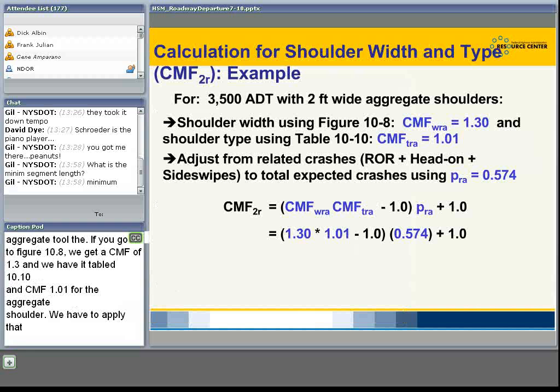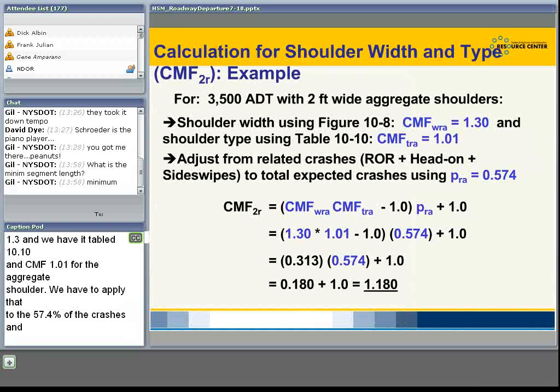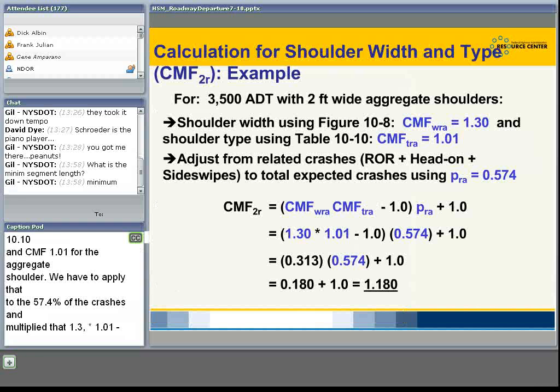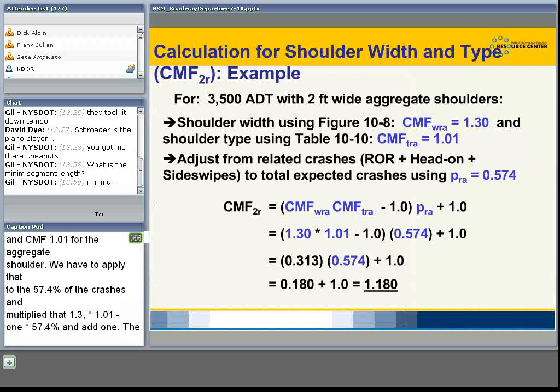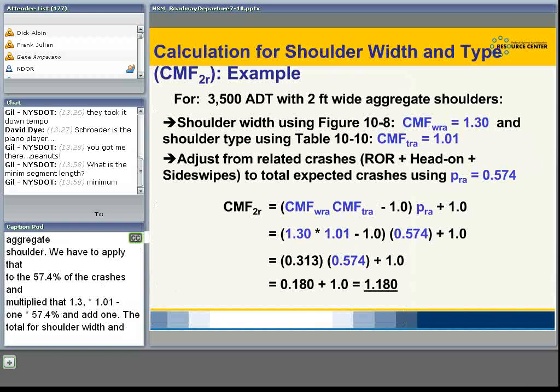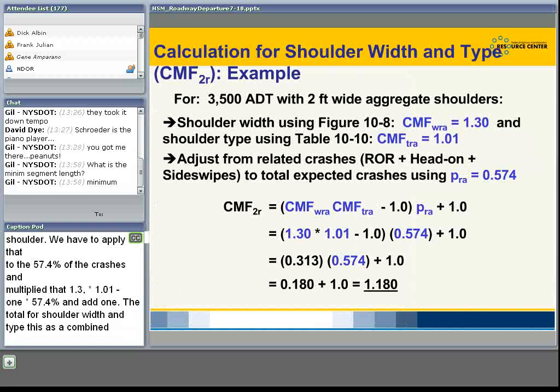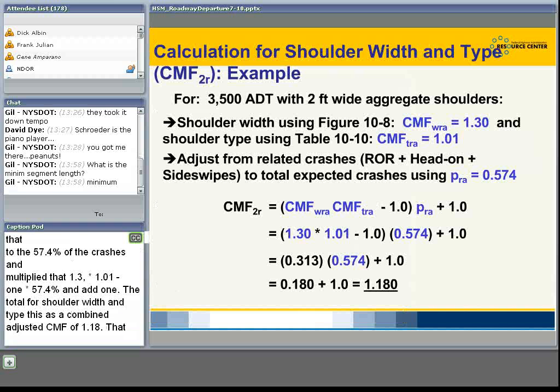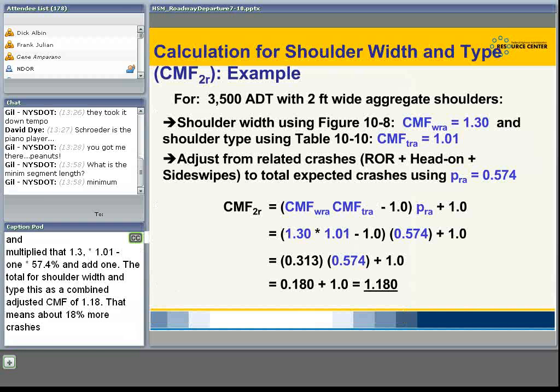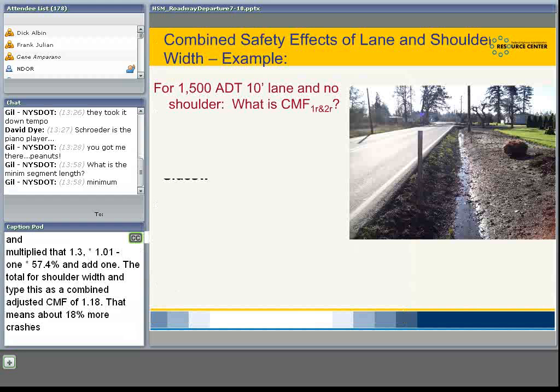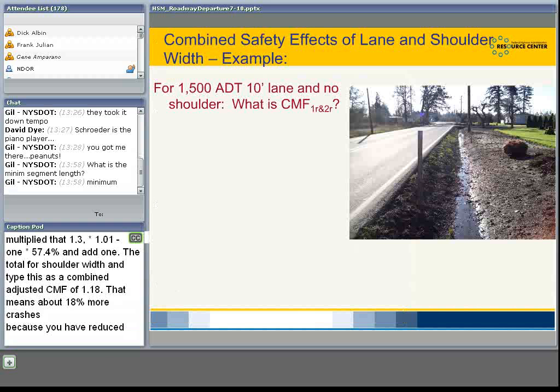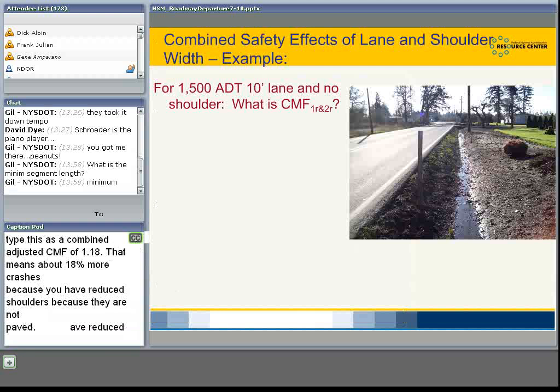Again, we apply that to 57.4% of the crashes, and we multiply that through: 1.3 times 1.01 minus 1 times 57.4%, and then we add the 1 back. And so the total for shoulder width and type gives us a combined adjusted CMF of 1.18. Again, that means about 18% more crashes because you have reduced shoulders and they aren't paved.